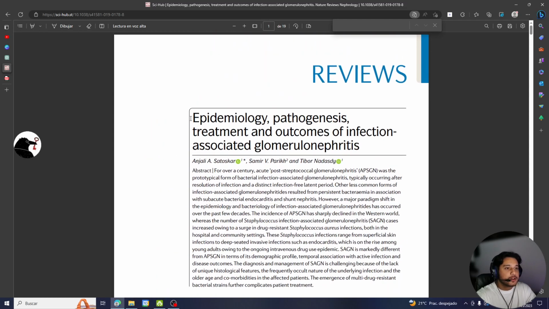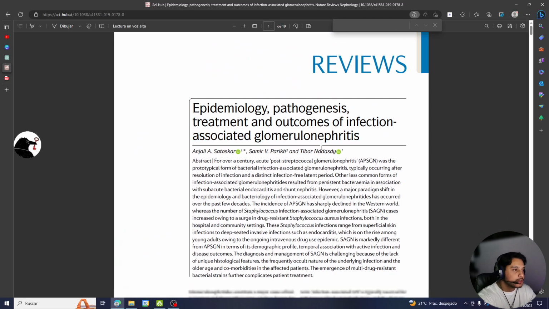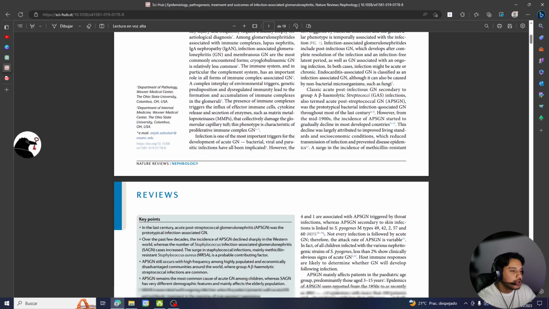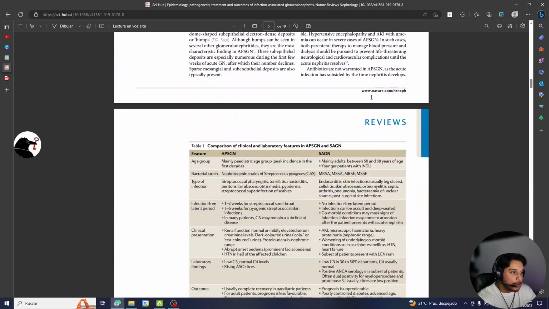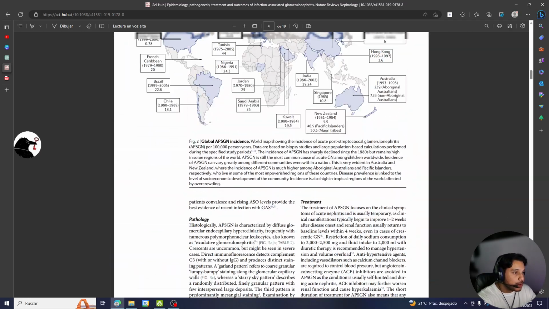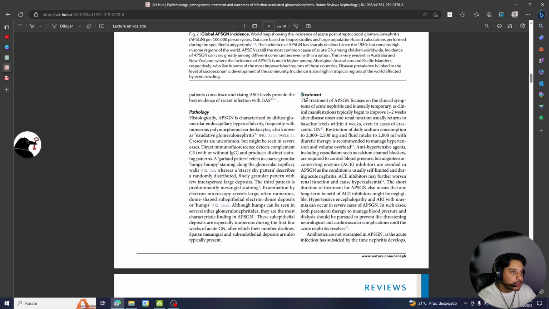Maybe if you look up the title, you will find it on Google Scholar, or any other indexed clinical database like PubMed. But yeah, you can actually go and read the treatment part of post-streptococcal glomerulonephritis, and you can see that the text is just the same.